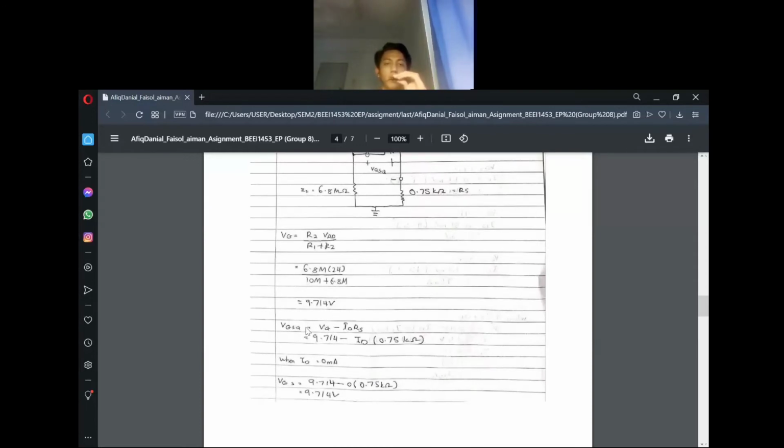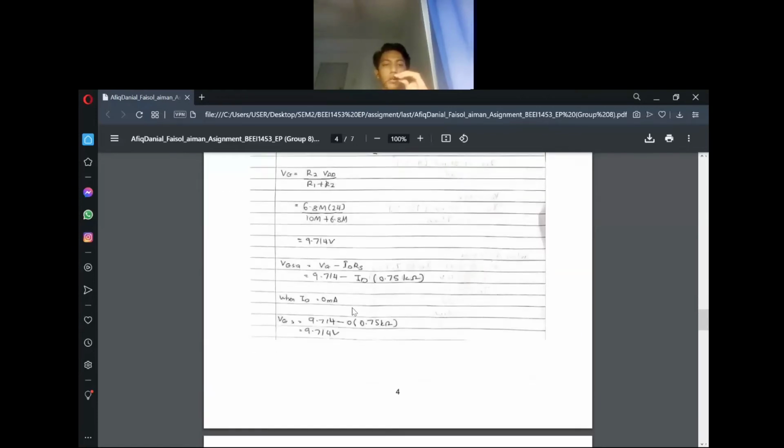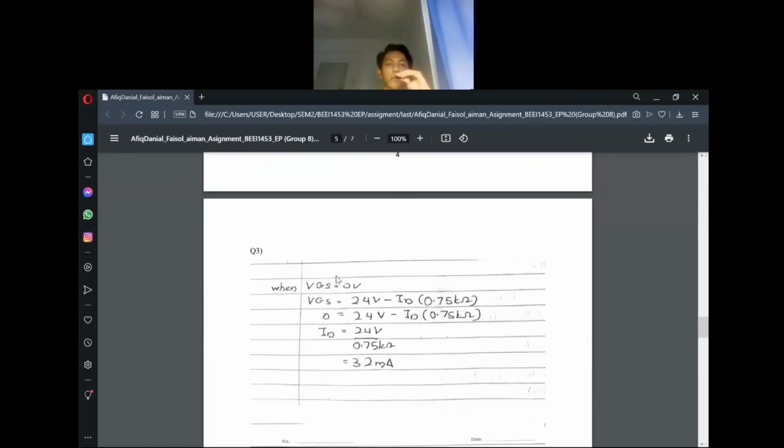Second, we find VGSQ. VGSQ equal to VG minus ID times RS. We have VG and RS; RS is 0.75 kilo ohm. But we did not get ID. So how to get ID? First we make VGS equal to 0 volt.